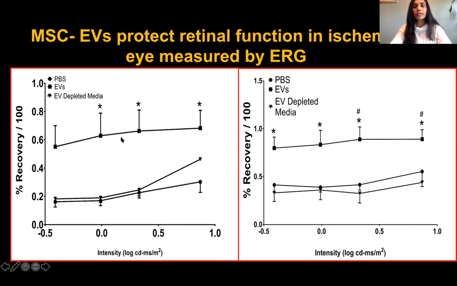You can clearly see that there is significant protection, or enhanced functional recovery, by injecting EVs into the ischemic retina compared to ischemia alone. Similarly, with the B wave, we noticed a similar pattern.